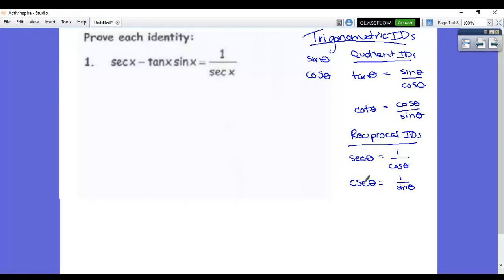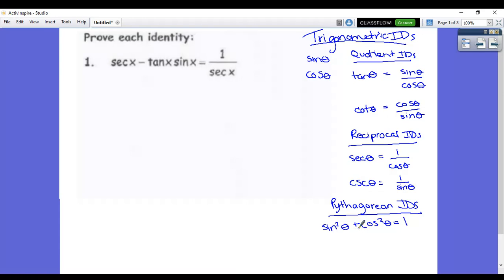And then the last ones, which are probably the most complicated ones, are called the Pythagorean identities, which, as you can imagine, are derived from the Pythagorean theorem. And the most simple one is sine squared plus cosine squared equals 1.